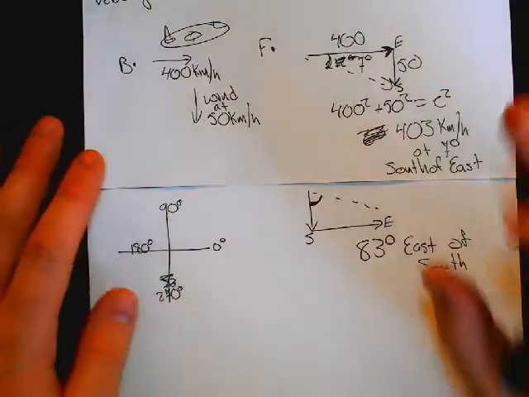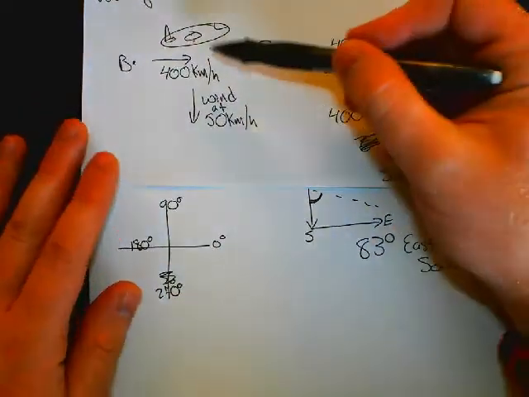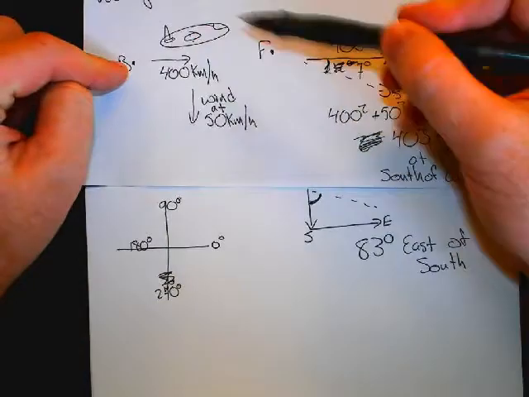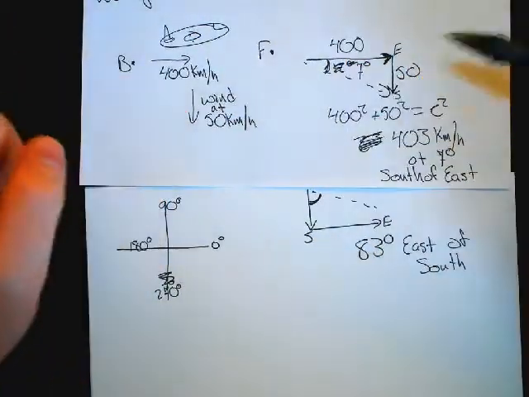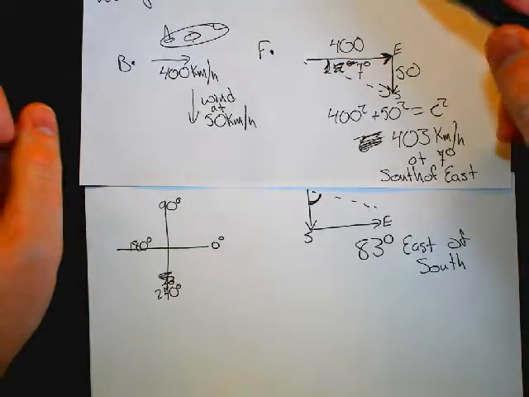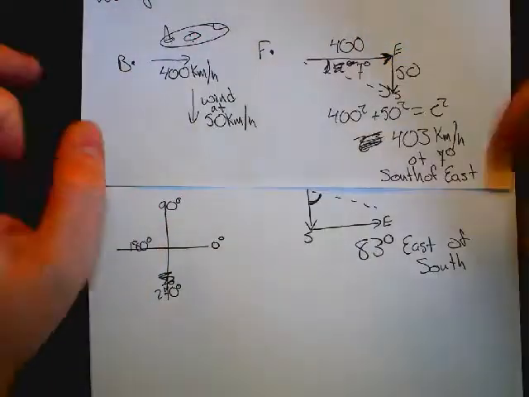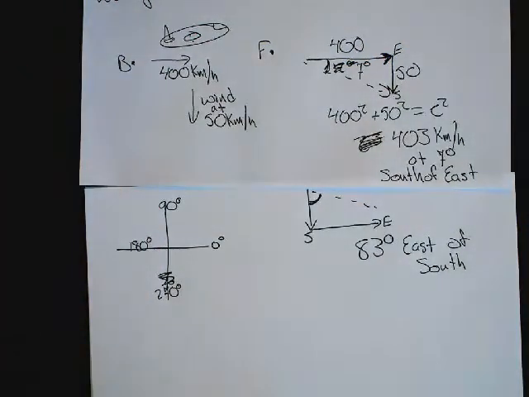Now, in this scenario, we talked about a plane traveling from Bismarck to Fargo. It's going at 400 kilometers per hour, and it's got a wind blowing at 50 kilometers per hour. If the plane just tries to point straight from Bismarck to Fargo, where's it going to wind up? Probably closer to Wahpeton.